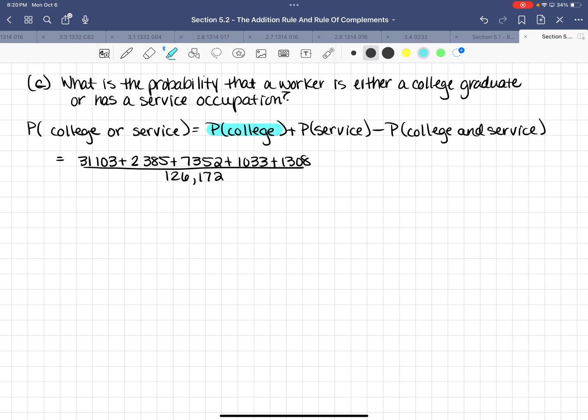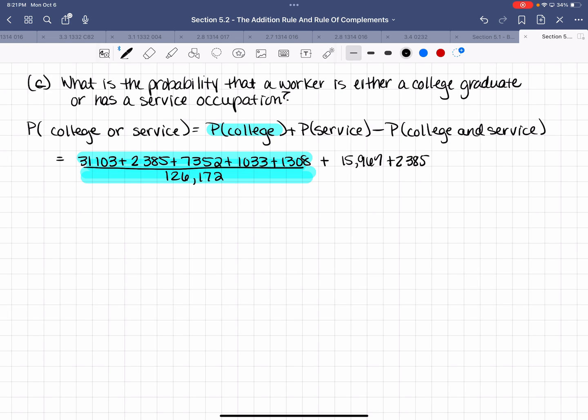Okay? This is the college graduate, probability of a college graduate. Plus the probability of service. Okay, that's 15967 plus 2385. All over 126172. Let me make him green.